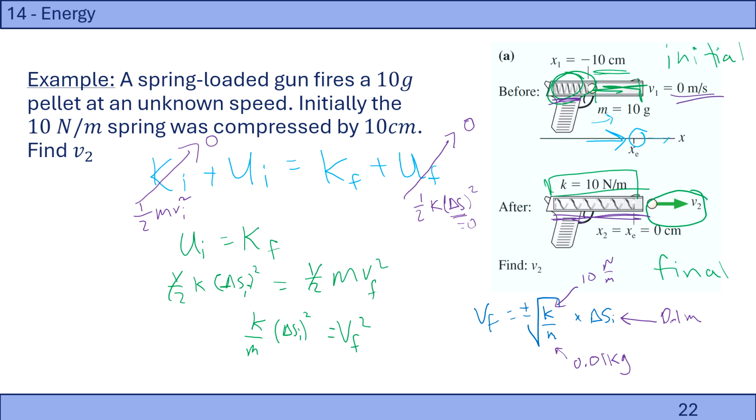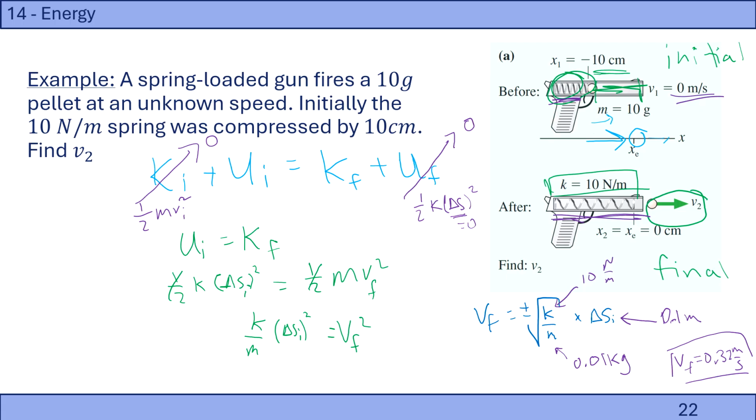And you can plug these in. I got about, I think, 0.3, maybe 0.32 meters per second as the final velocity of this little spring-loaded cannon.